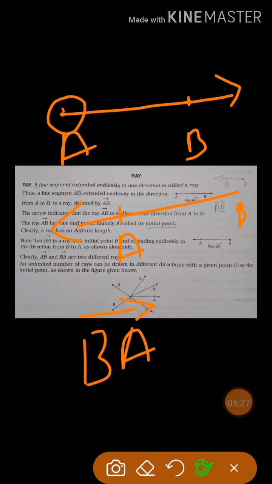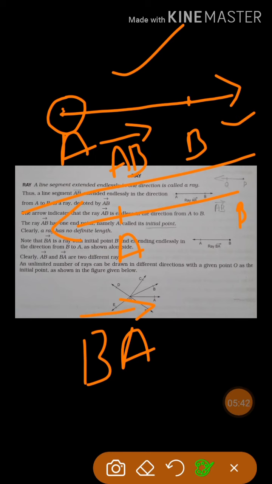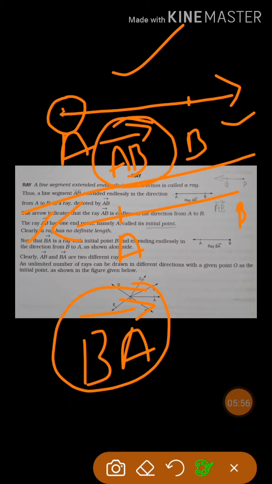For the first ray, we write AB, then we make a line with an arrow towards B because this ray is moving towards B. And see the other ray, it is moving towards A. So we write BA, then the arrow should be towards A. It is very important to make the arrow over the ray. Don't forget.